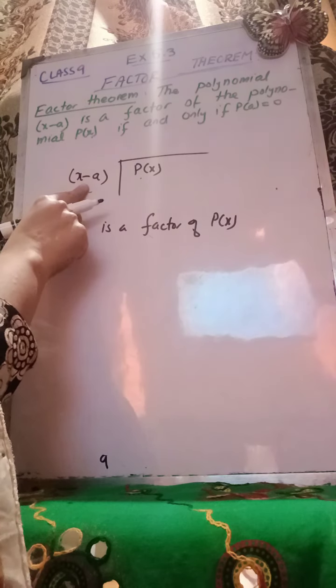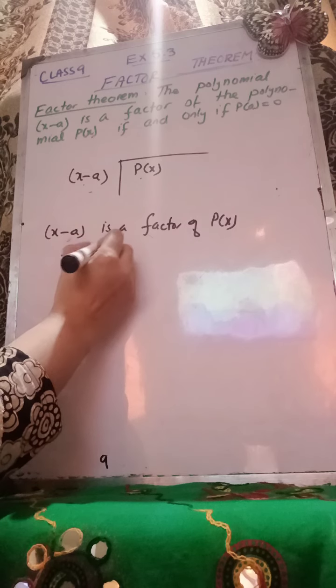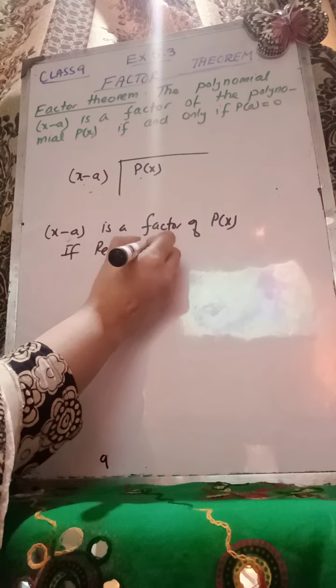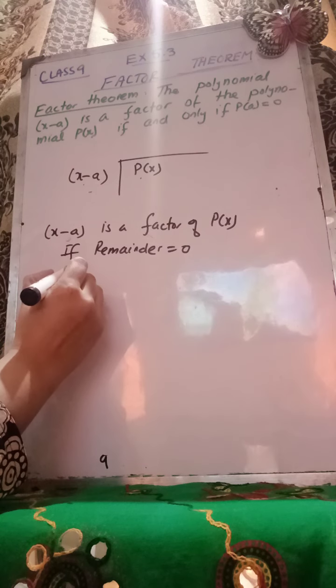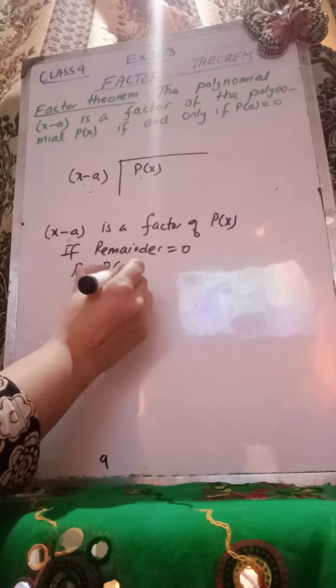We know that this divisor will be a factor of p of x if the remainder is equal to 0. Now in the remainder theorem we had studied that the remainder is actually equal to p of a.